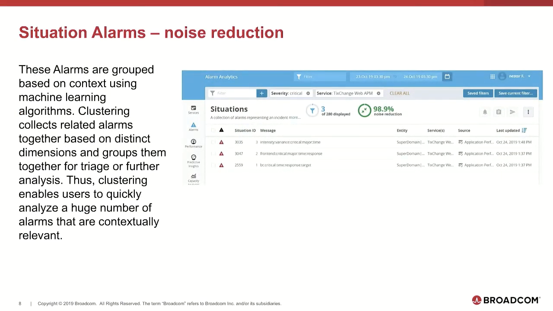A little bit similar are the situation alarms. So this is to do with noise reduction as well. Imagine you have your first level operators trying to analyze a huge list of incoming alerts from perhaps several dozens of point monitoring tools. These alerts are coming in unstructured.